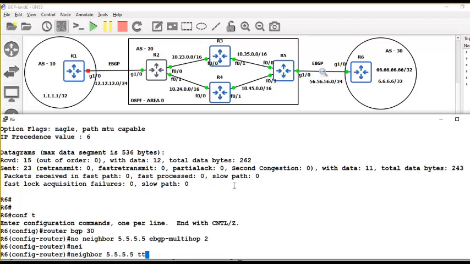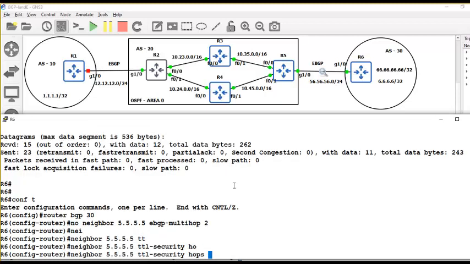What does this mean? This time I do not want to care about outgoing TTL, I will send with the maximum. I will expect my neighbor to be 2 hops or less than 2 hops away. That's the meaning of this.